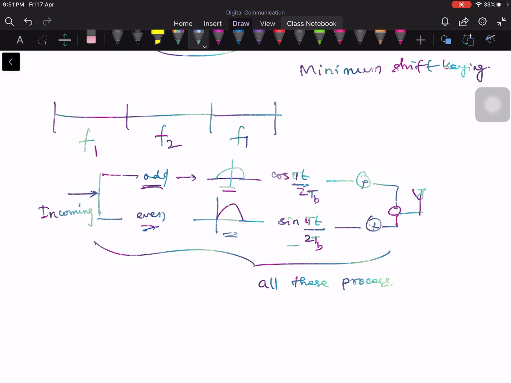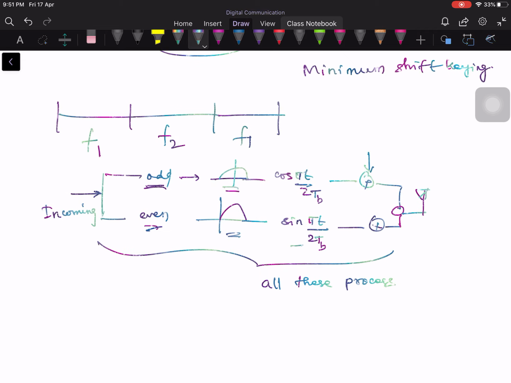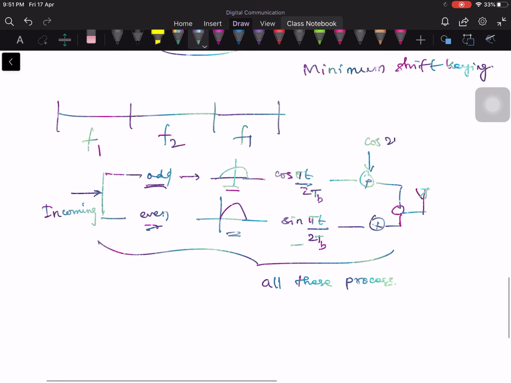Then multiply by the carriers: cos(2πfct) for one, and sin(2πfct) for the other, two carriers, and add them. This is your MSK waveform.